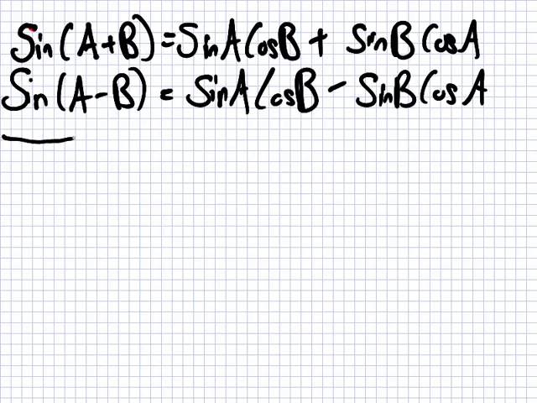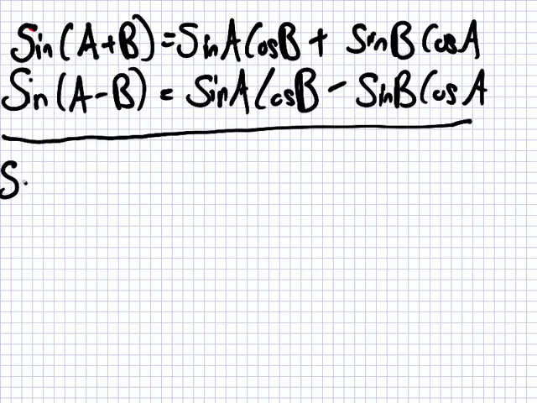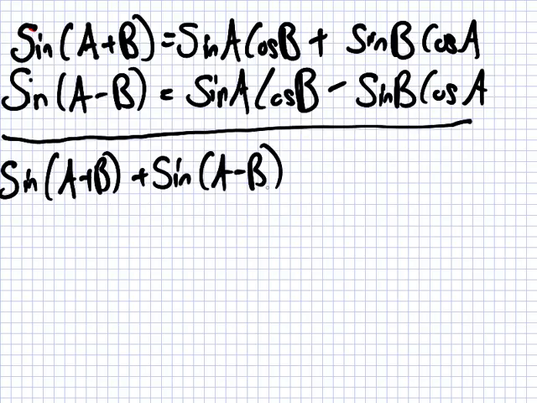Now, if I add these together, I can make a new formula. I can say sine A plus B plus sine A minus B. These will cancel, and these are the same.